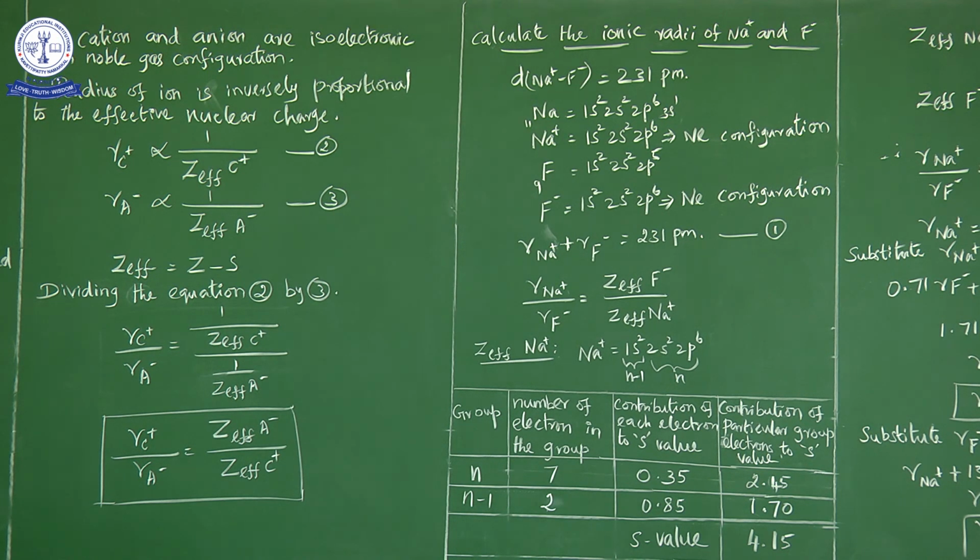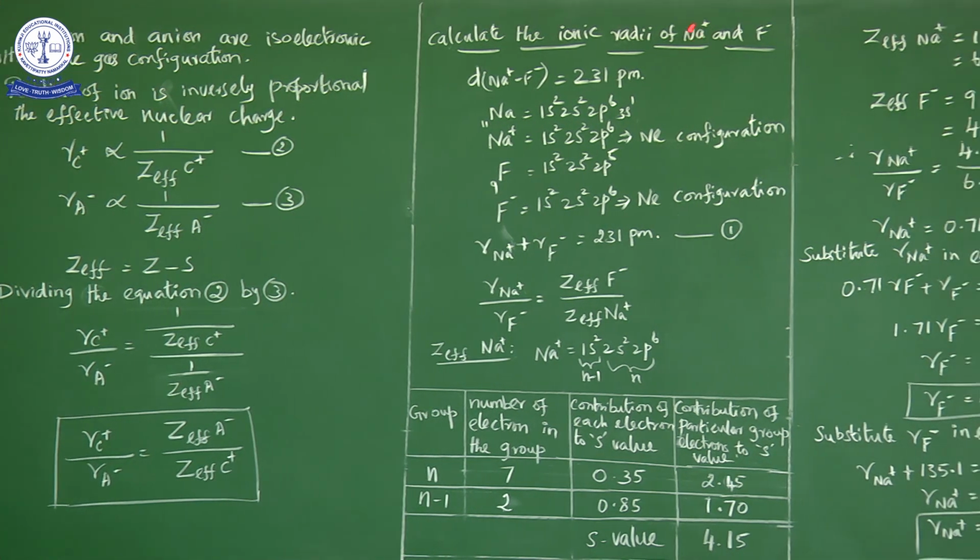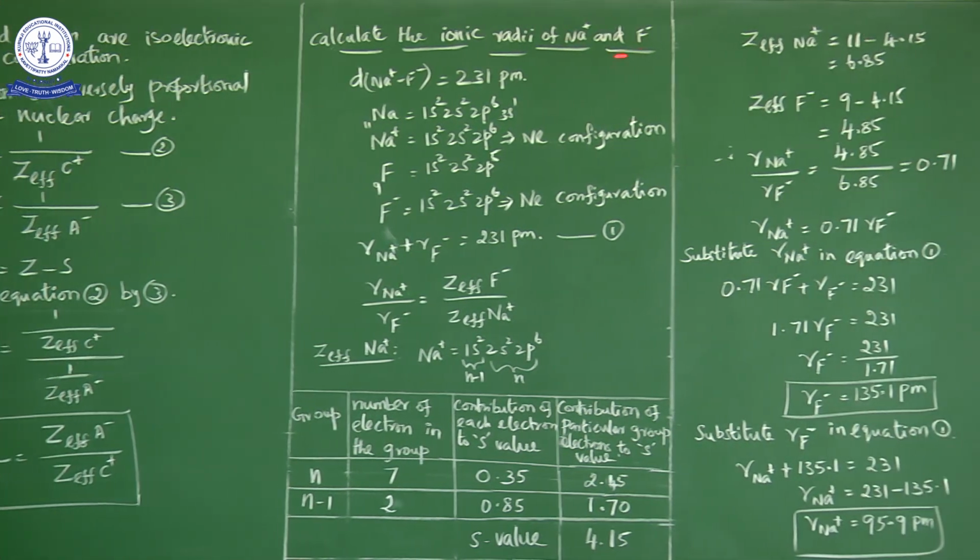So next one is calculate the ionic radii of Na plus and F minus. Na plus and F minus. So one of the examples, sodium fluoride crystal. So sodium fluoride crystal and assume பண்ணிட்டேன். So sodium fluoride crystal which consists Na plus ion, sodium ion and fluoride ion present ஆயிருக்கு.